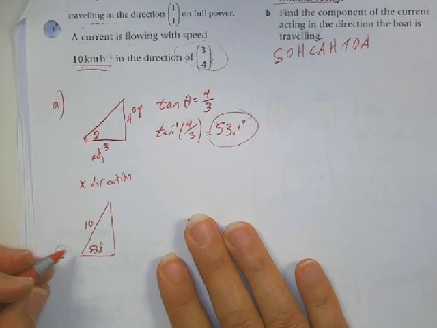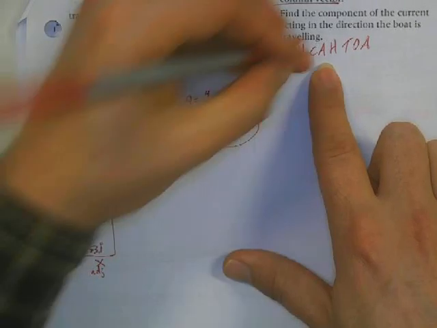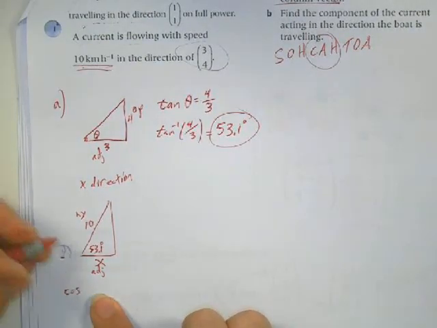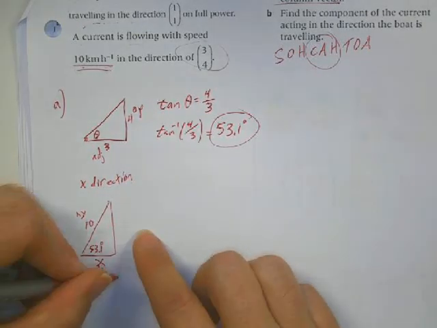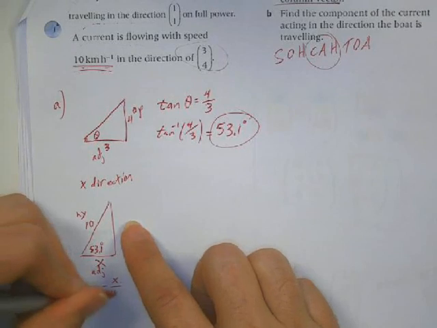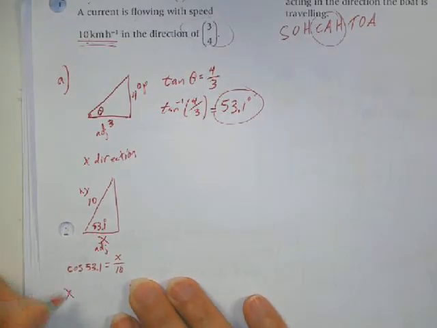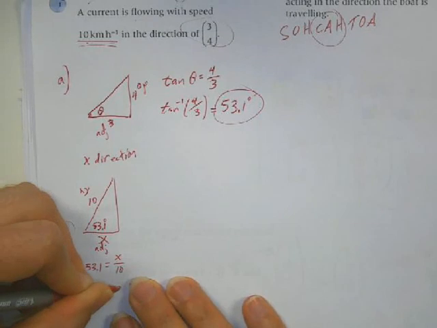So in the x direction it's there. So we've got the hypotenuse, we've got the adjacent. So if I've got hypotenuse and adjacent, I'm going to use cosine. So I can write cosine 53.1 is equal to adjacent over hypotenuse, x over 10. So now I know my x value can be represented as 10 cosine 53.1.